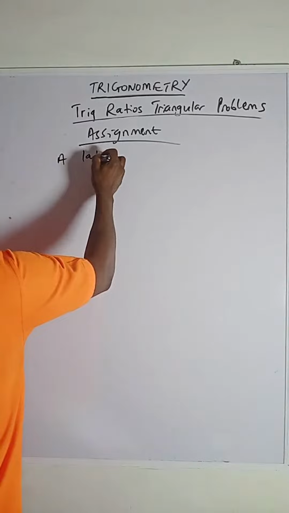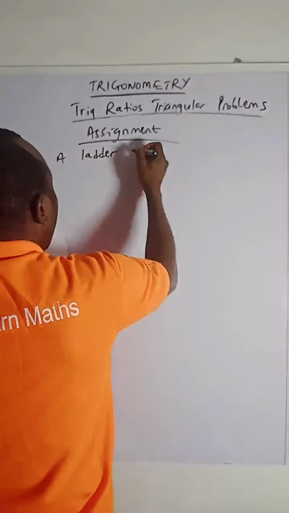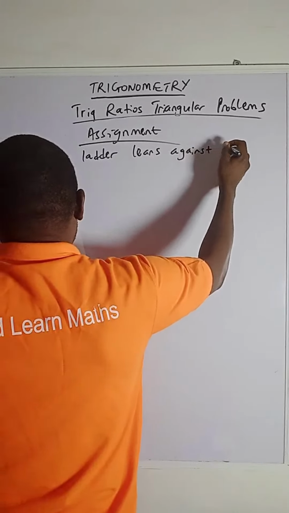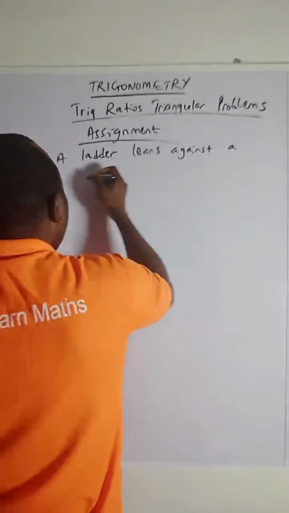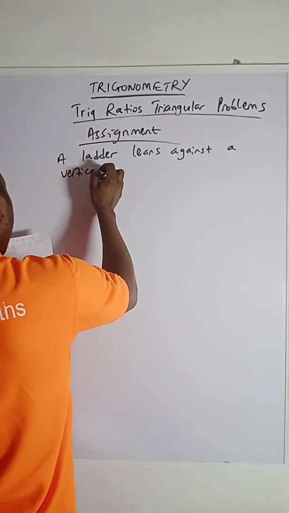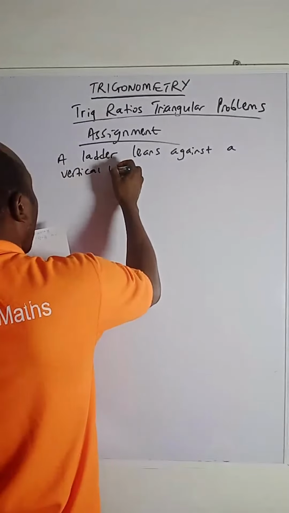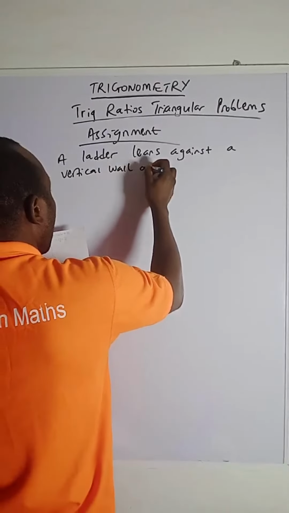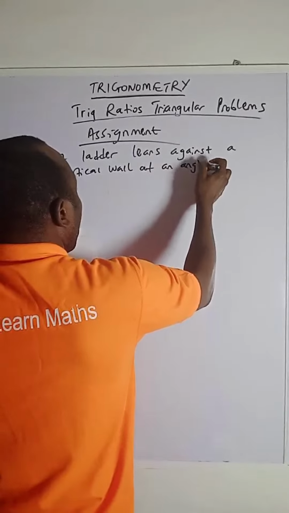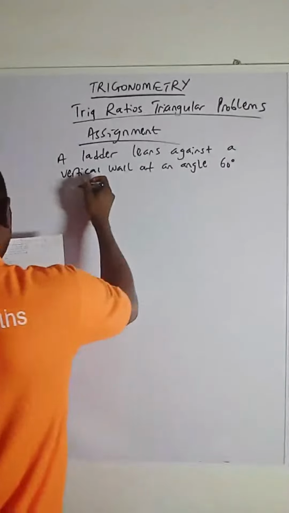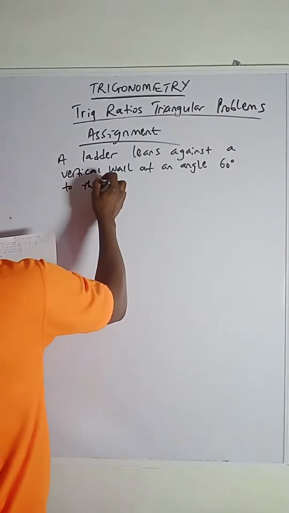A ladder leans against a vertical wall at an angle of 60 degrees to the wall.